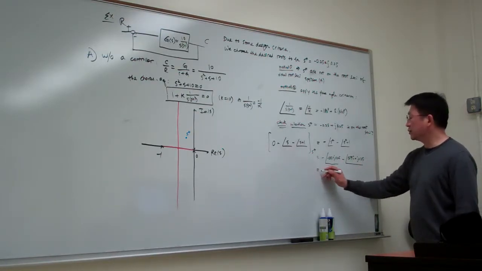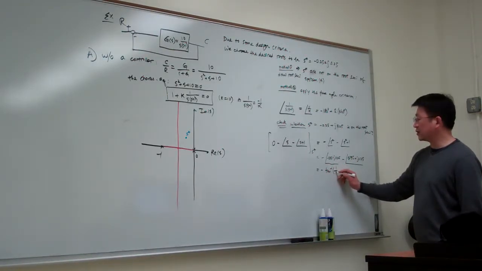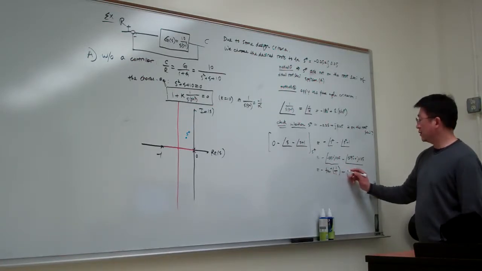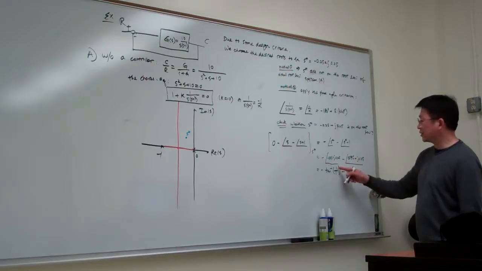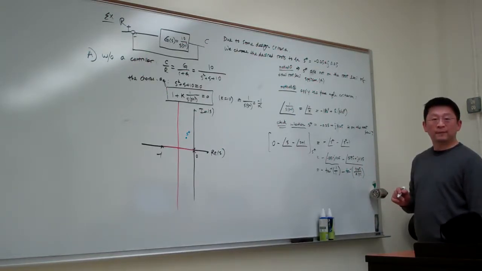So doing the detailed calculation, this is minus arctangent of the imaginary part divided by the real part, 0.25 and 0.75. Right?